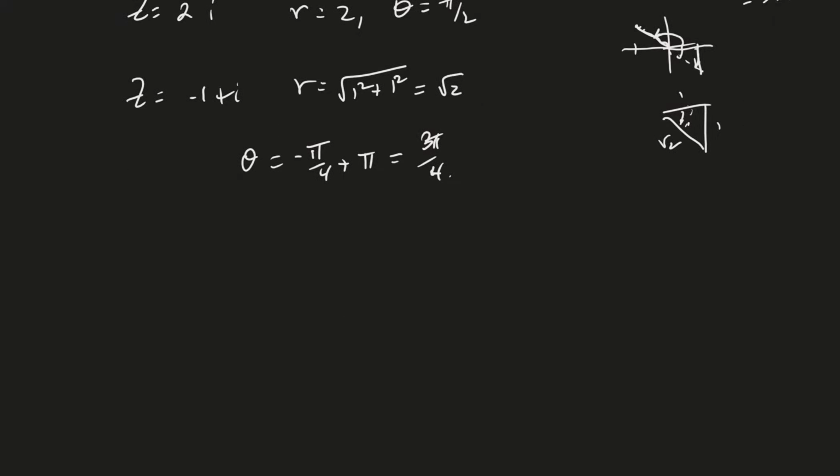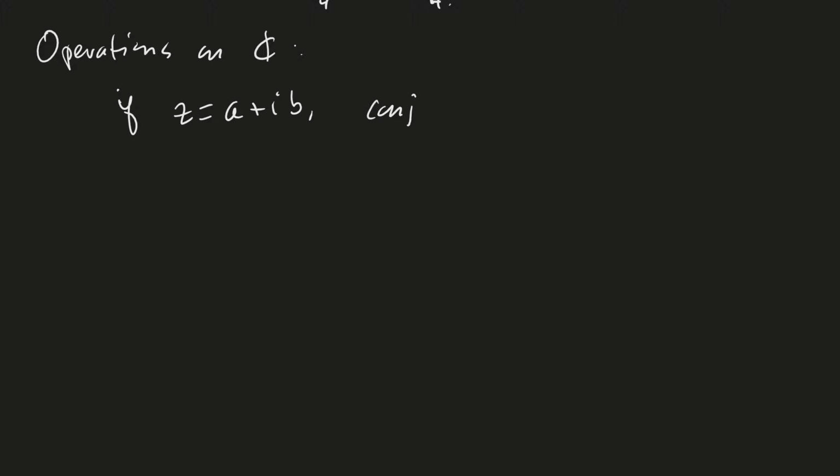Okay, so now we want to change gears a bit, and we want to take a look at operations on complex numbers. And so if z is equal to a plus ib, then the conjugate, or complex conjugate, of z is denoted by z bar.